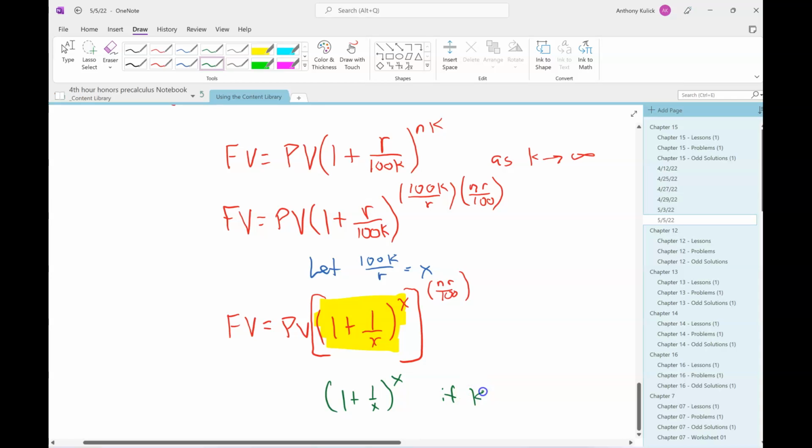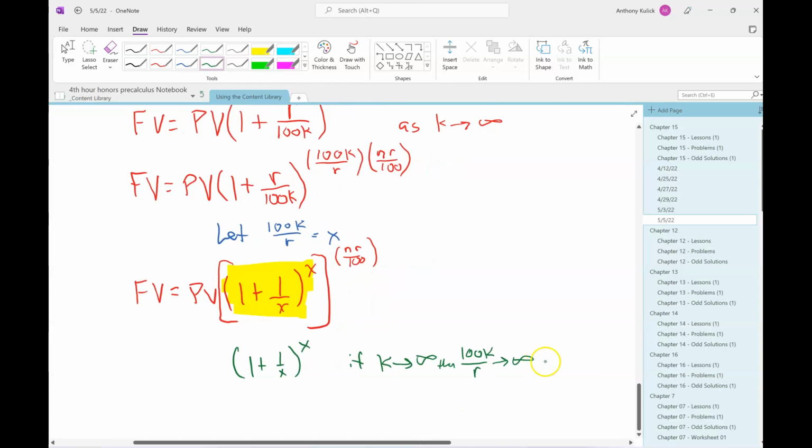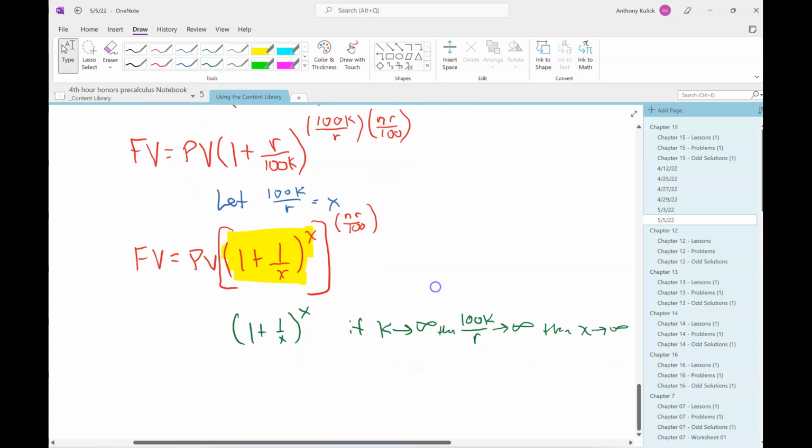And if k goes to infinity, I know that 100k over r is also going to be going to infinity, right? And if 100k over r goes to infinity, then x is going to infinity. Everybody buy that reasoning? Since the infinity is in the numerator of the fraction. So what can I replace that stuff in yellow by? E.